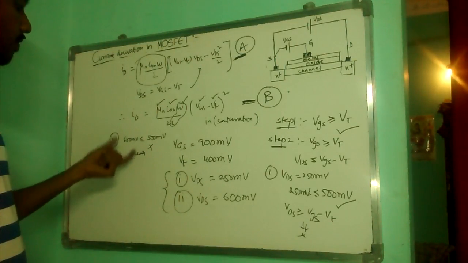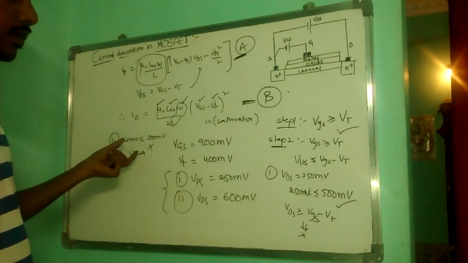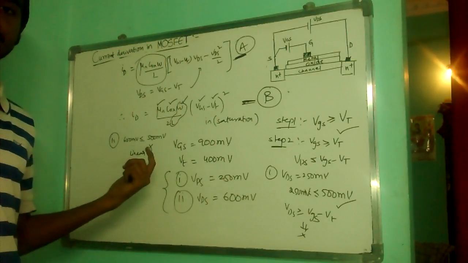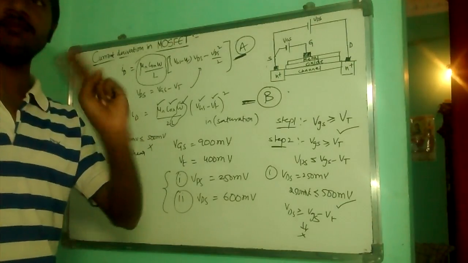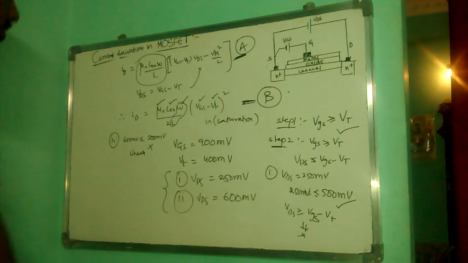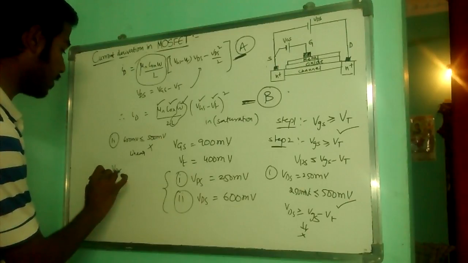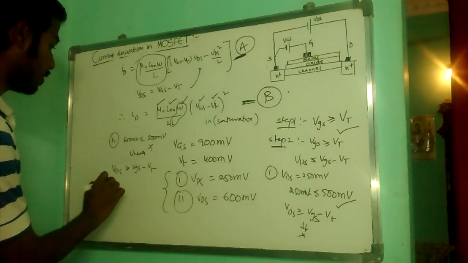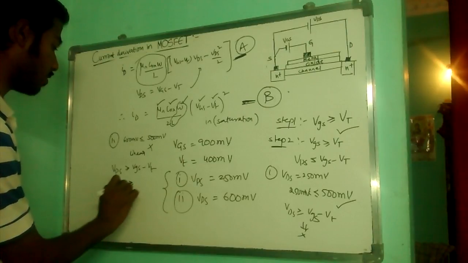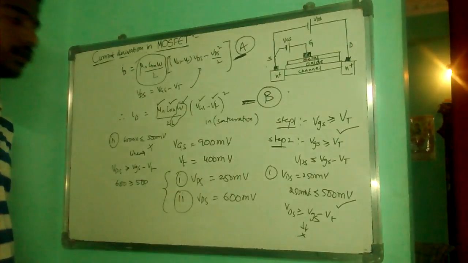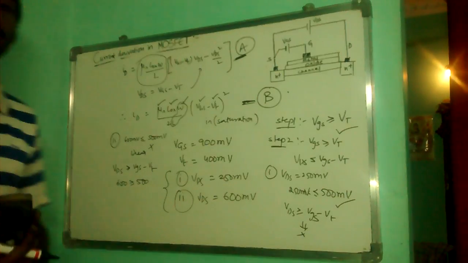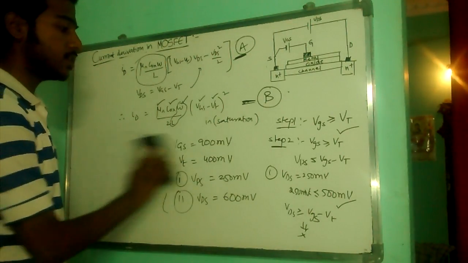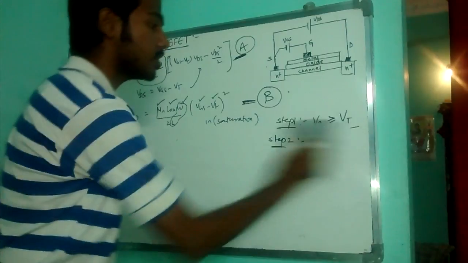VDS is not less than or equal to VGS minus VT. So if it is not in cutoff and not in linear, it will be in the saturation region. So we get VDS greater than or equal to VGS minus VT: 600 is greater than or equal to 500. This is correct. This is how we check which region the transistor is operating in.